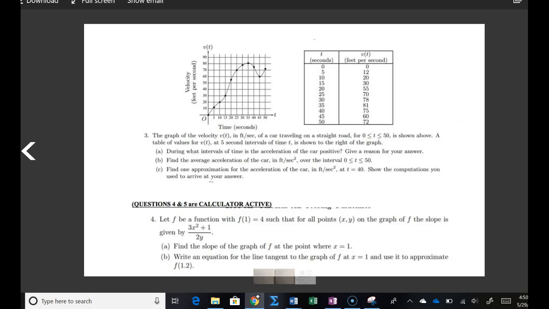Some other people took the slope of this segment and the slope of this segment, said it's somewhere in between, and averaged those two slopes. But most people took the slope of this line right here because visually it looks close to the slope of that tangent line. So that's how you would do that one.